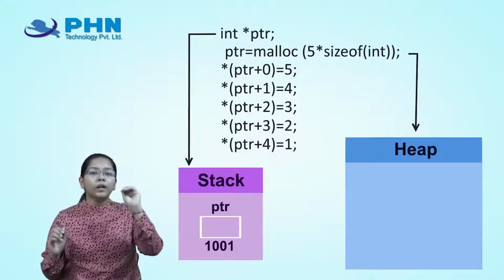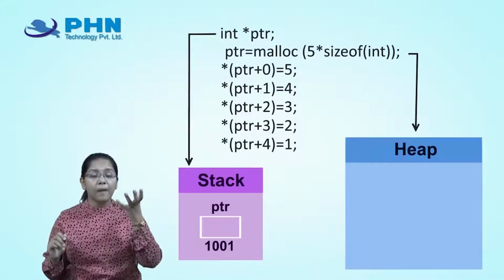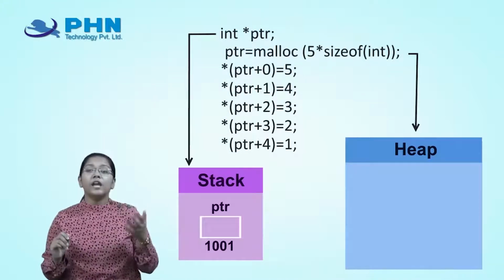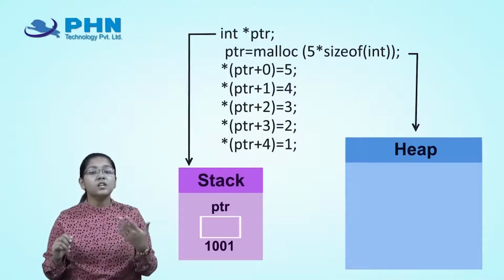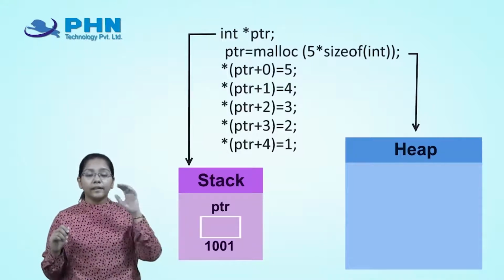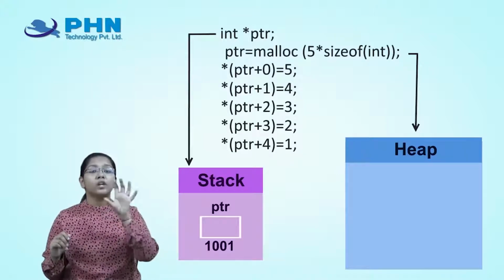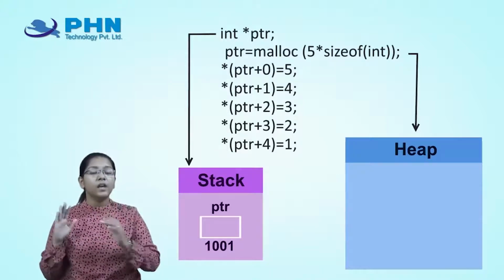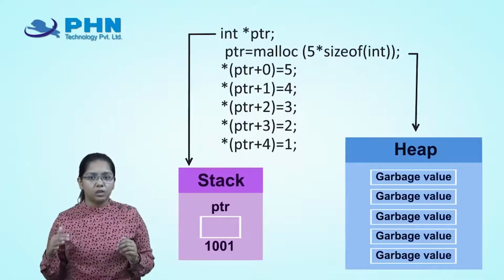So the moment you declare malloc, it will store certain values over there, and these values are nothing but garbage values, right? Because the moment the compiler reads malloc, it will store something in my heap memory. Okay, and that memory will hold garbage values.